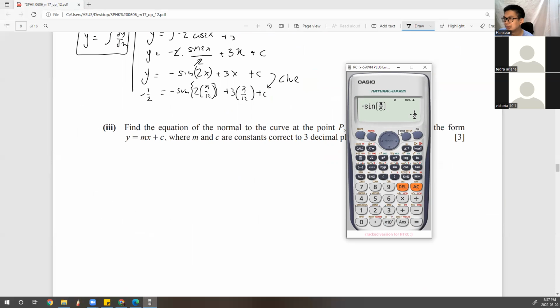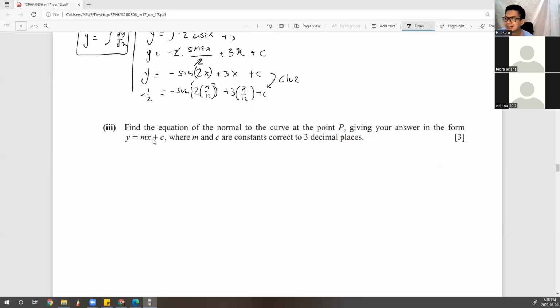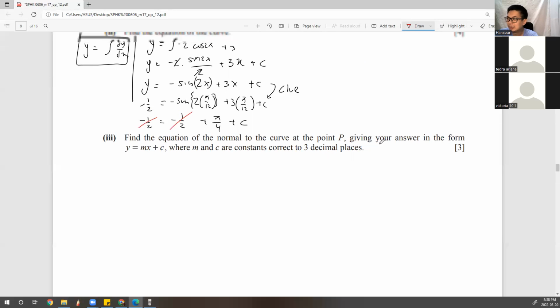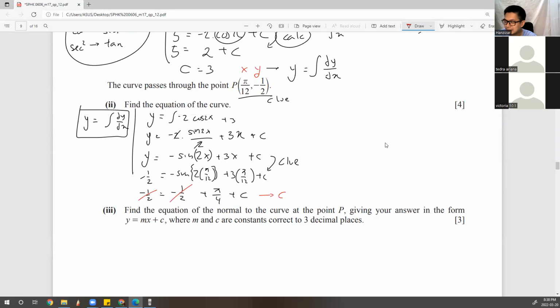What you need to do? Okay, very simple. So negative half equals negative half also plus 3 or plus pi over 4 plus c, right? Can cross the 3 by 12, pi over 4 plus c. Now, cross out, right? So we know that the c will equal to negative pi over 4, right? Negative pi over 4. Now, go back to its original rules. There you go, here.